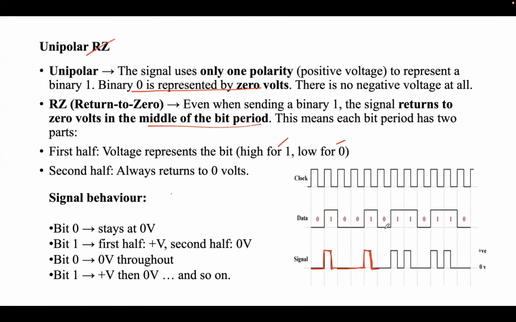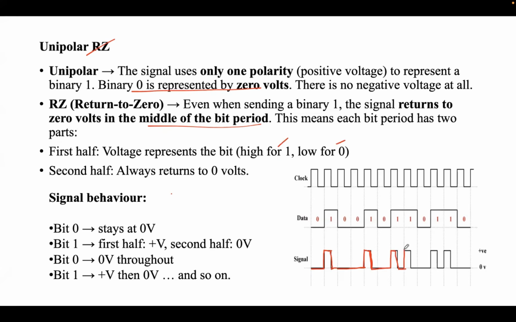And after that, again we have 0, so 0 means remain in the same state. So voltage will be 0. Whereas for 1, again you will find positive, and at the middle of the bit period, you can find positive to 0 return. And after that, again we have 1.